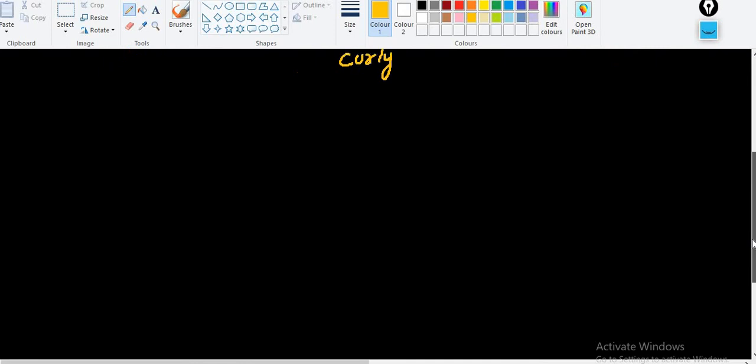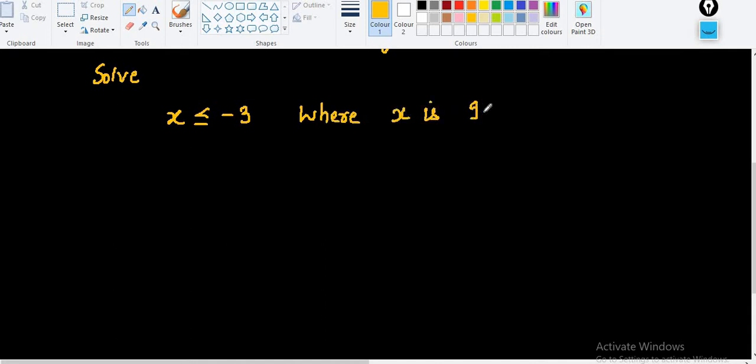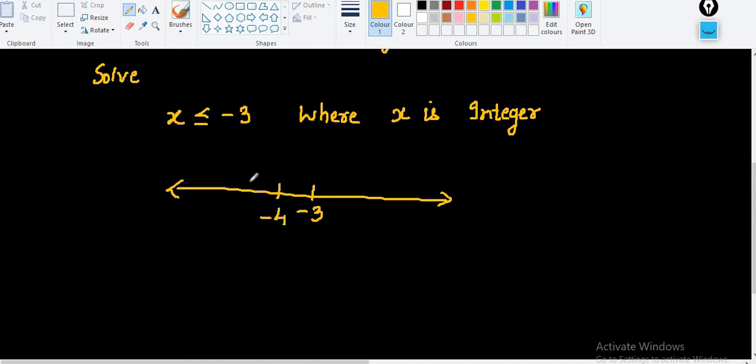Supposedly, if I ask you to solve x less than or equal to -3, where x is an integer. Here also, when you plot it on number line, this is -3, and what are the integers which are less than -3? They will all come on the left hand side of -3.